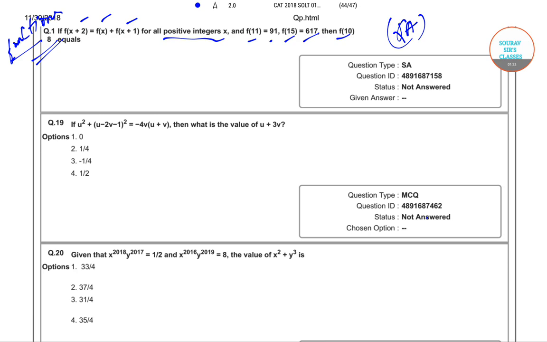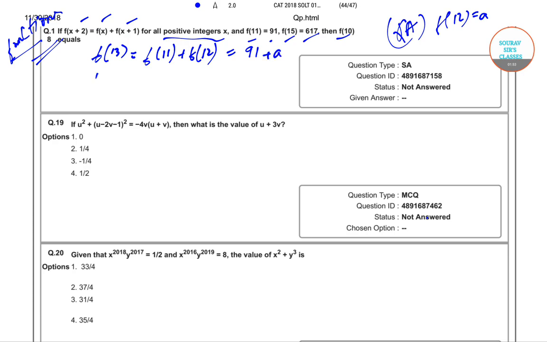We have been given f of 11, so f of 13 will be equal to f of 11 plus f of 12. Let f of 12 be equal to a. We know that f of 11 is equal to 91 and we take f of 12 as a.